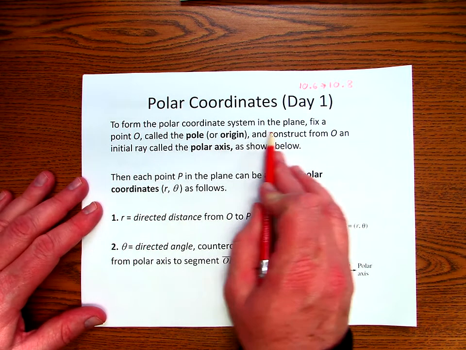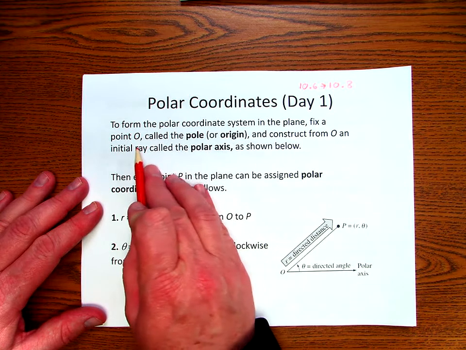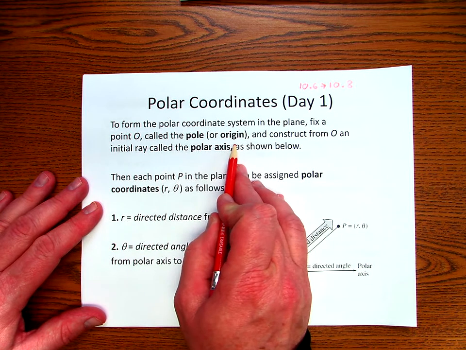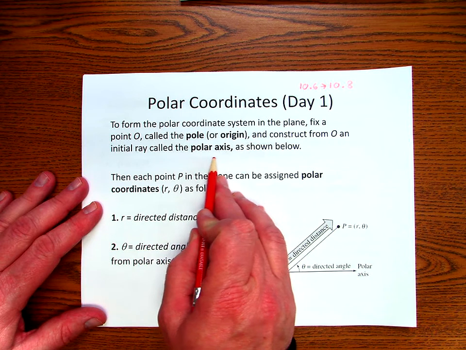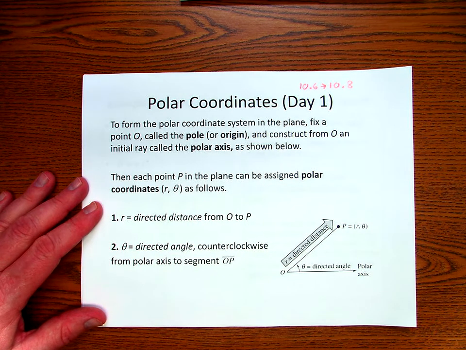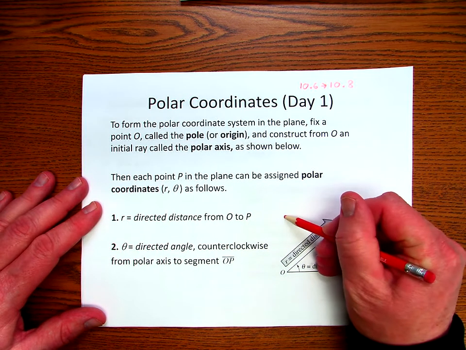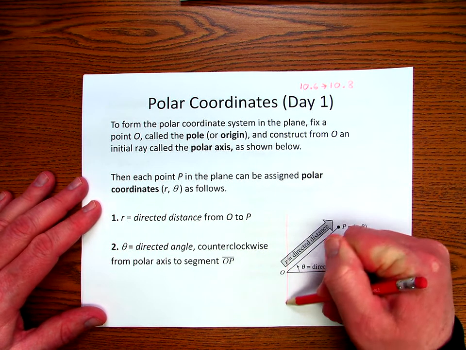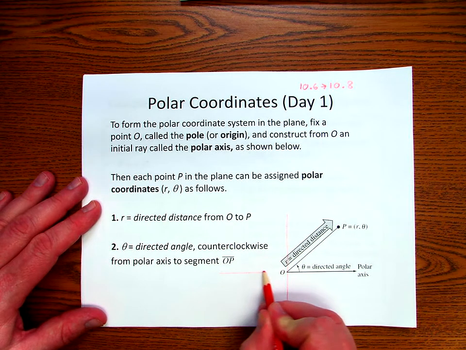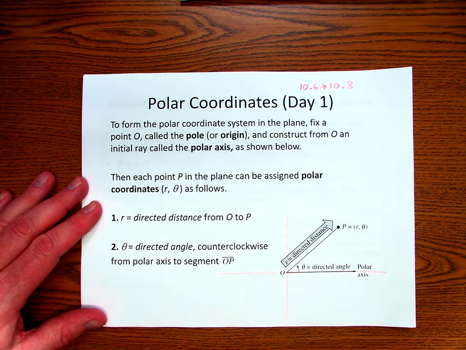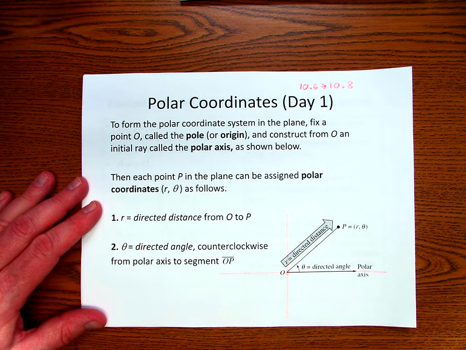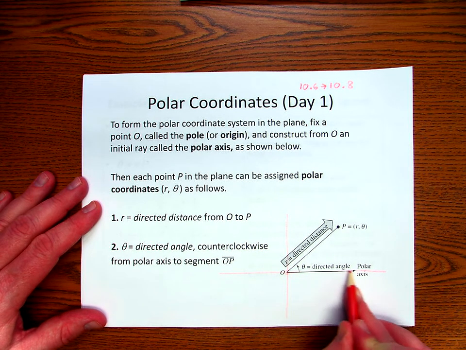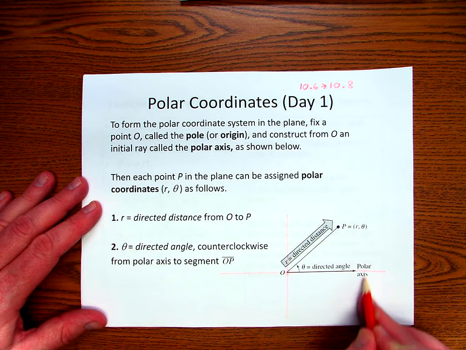To form the polar coordinate system in the plane, fix a point O called the pole or the origin, and construct from O an initial ray called the polar axis as shown below. So what was the origin in a rectangular coordinate system is sometimes still called the origin now, but it could also be referred to as the pole. The positive x-axis in our rectangular days is going to be what's known as our polar axis.